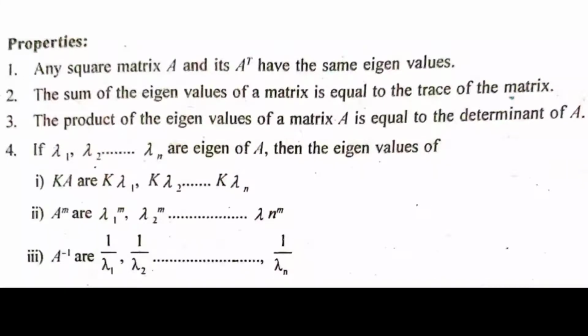The third property is the product of the eigenvalues of a matrix A is equal to the determinant of A. We know how to find the determinant of the matrix, and if we take the product of the eigenvalues, we will get the determinant. So if in a question they have given a determinant value and asked to find the eigenvalues, or they have given a matrix and asked to find the eigenvalues, we can do that with the options itself.